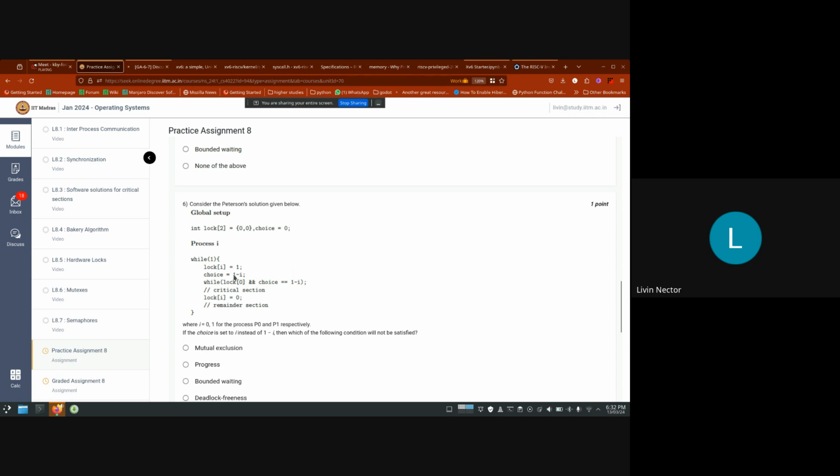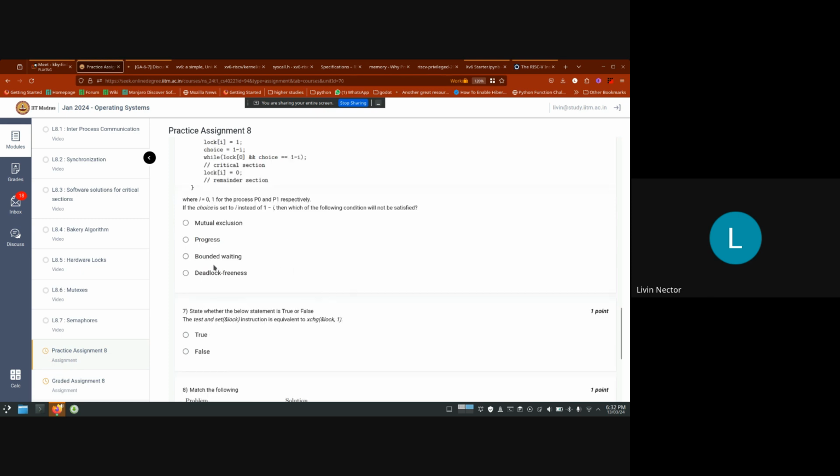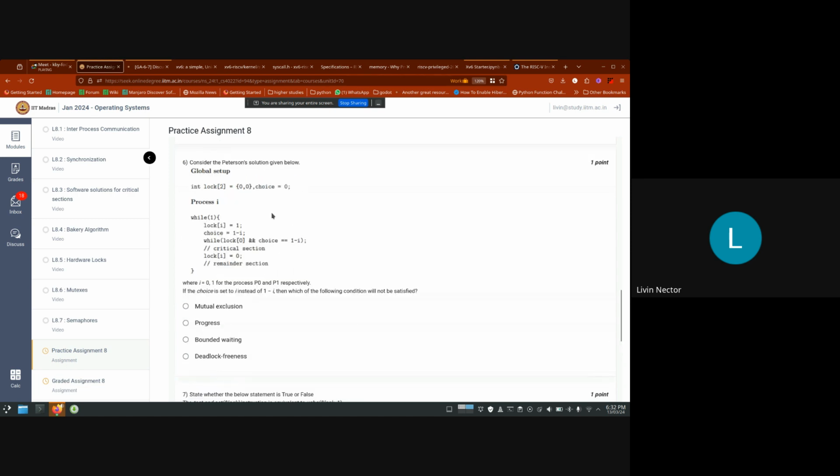Like if you see, this is process i, and if it's 0, it favors 1. And if it is 1, it favors 0. So in that case, all three things are achieved. No deadlock will occur. Bounded waiting is there. Progress is there. Mutual exclusion is there.